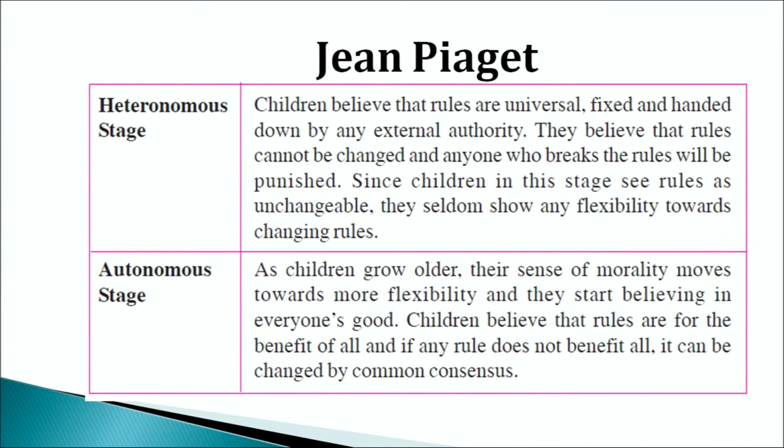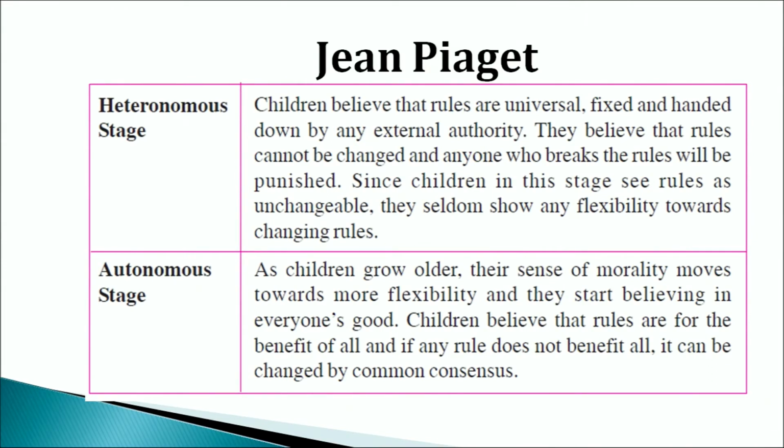The second stage, according to Piaget, is the autonomous stage in moral development. As the name suggests, autonomous means that the children now develop autonomy. As the children are growing older, what happens? Their sense of morality moves towards more flexibility and they start believing in everyone's good.